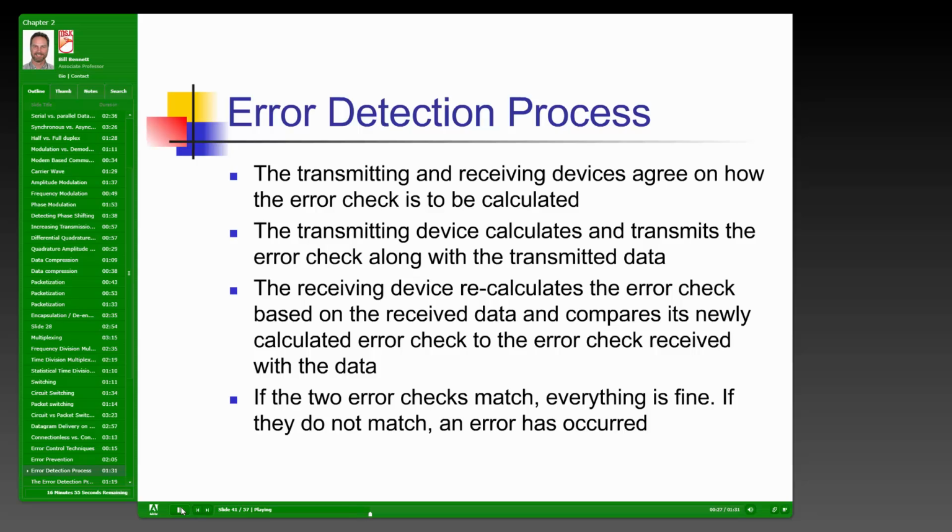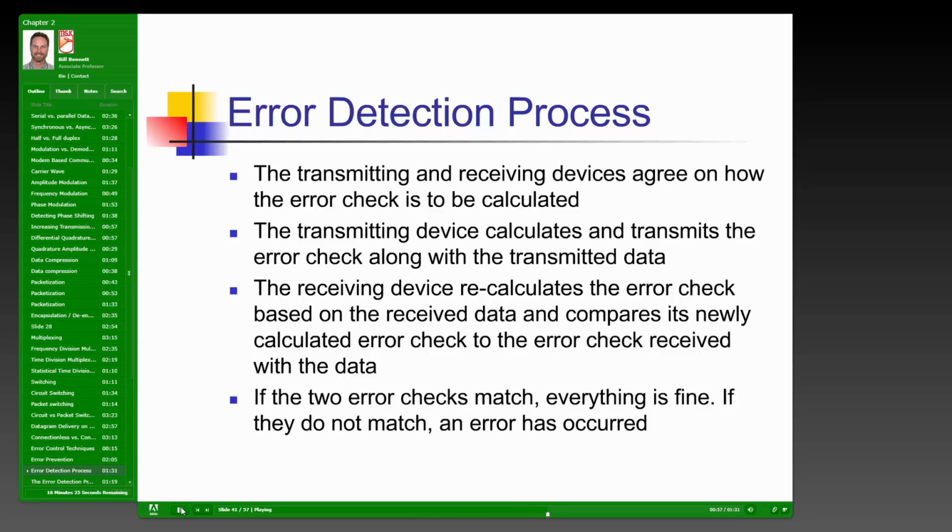For this to work, the transmitting and the receiving device need to both agree on how the error checking is to be calculated. That's based on the equipment used at the sending and the receiving end. The transmitting device calculates and transmits the error check along with the transmitted data. Later on we'll be taking a look at data link frames, and data link frames use CRC, cyclic redundancy checks. In fact, we're going to look at several error detection methods in just a little bit.